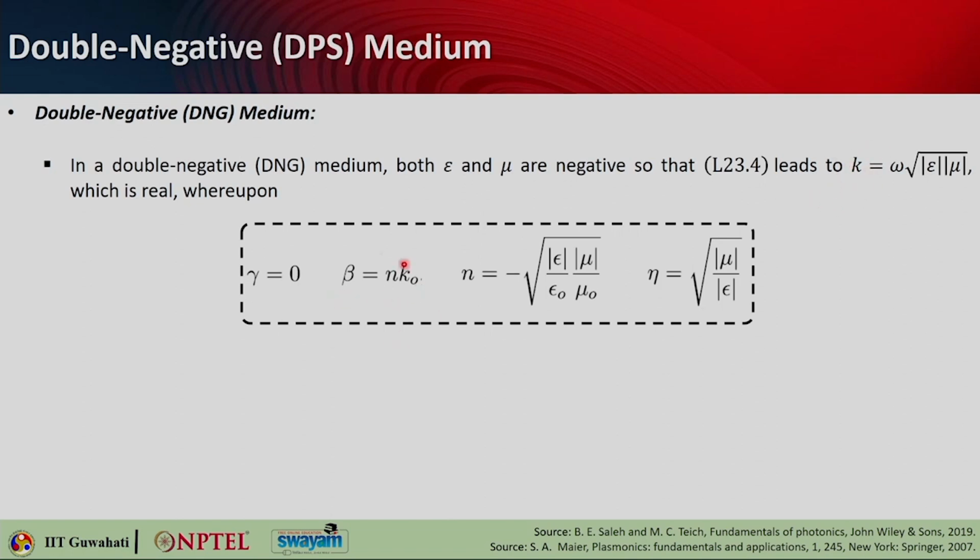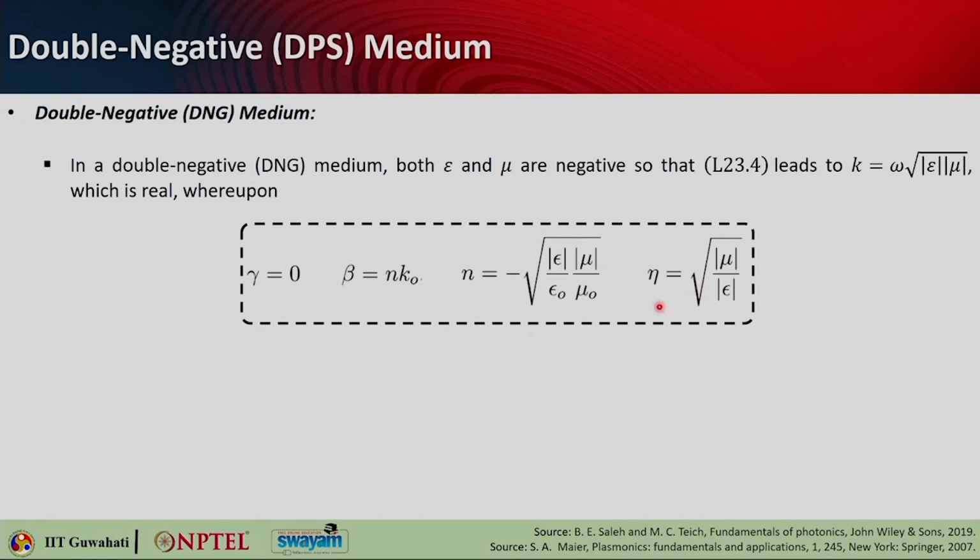That means beta will be n k naught, and you are actually able to have wave propagation. Here gamma, the attenuation constant, is 0, and n is given as minus the square root of modulus epsilon over epsilon naught times modulus mu over mu naught. That is how you get a negative refractive index.